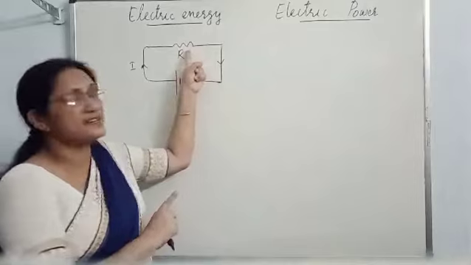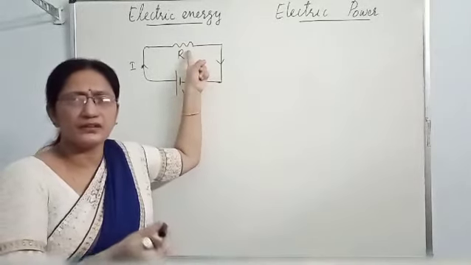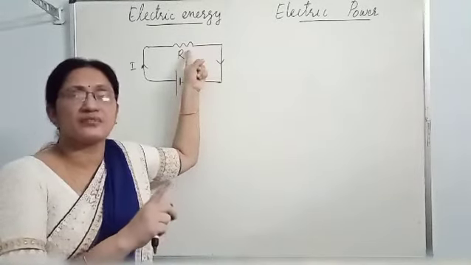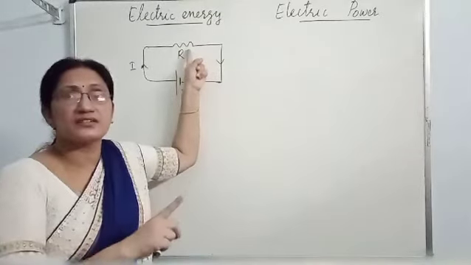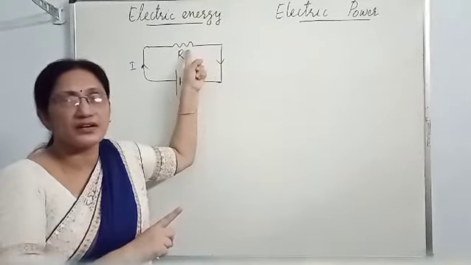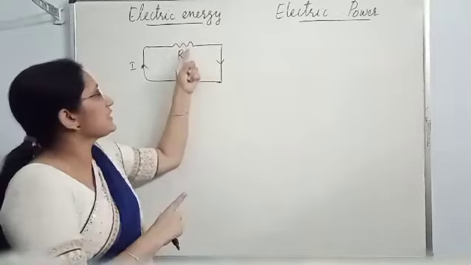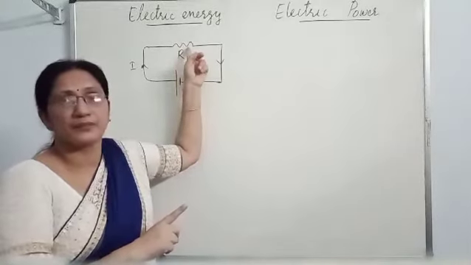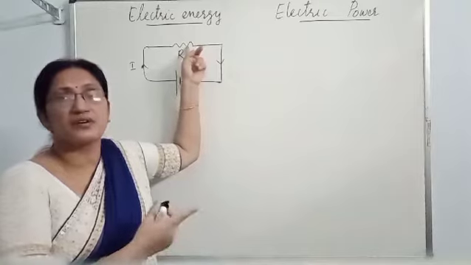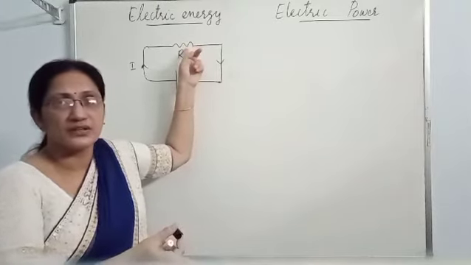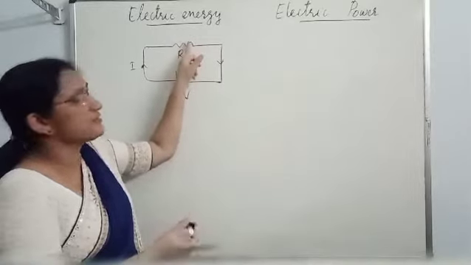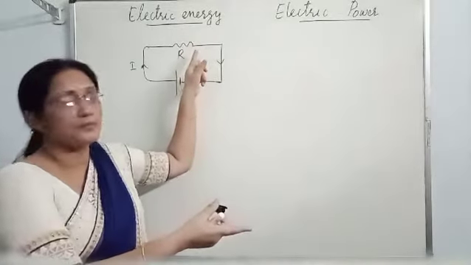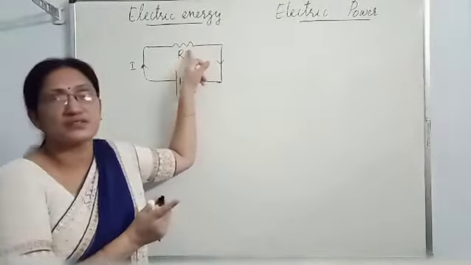Suppose this resistance is a heater, then electric energy gets converted into heat energy. If it is a bulb, electric energy gets converted into heat and light. If it is a loudspeaker, electric energy gets converted into sound energy. So, energy of the electrons is getting converted to some other forms while passing through this resistance.